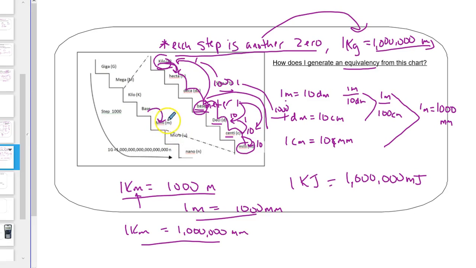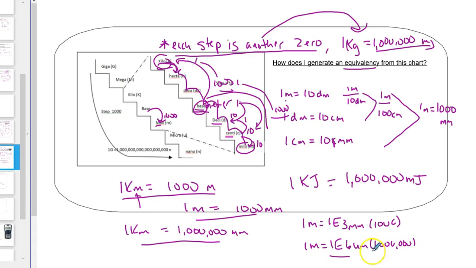So 1 to 1,000. For example, 1 meter equals 1,000 millimeters. That's 1 e to the third millimeters. 1 meter equals 1 e to the sixth micrometers. That right here is 1 million.